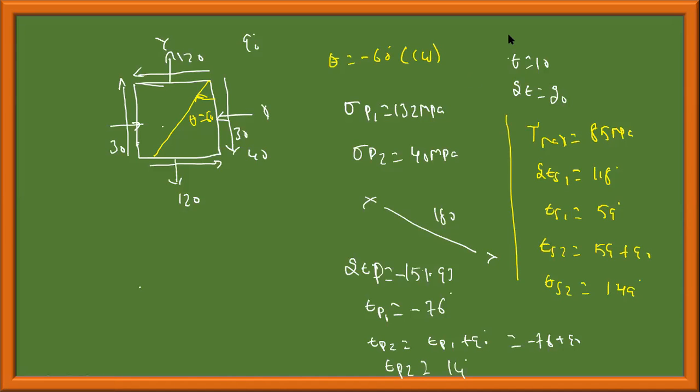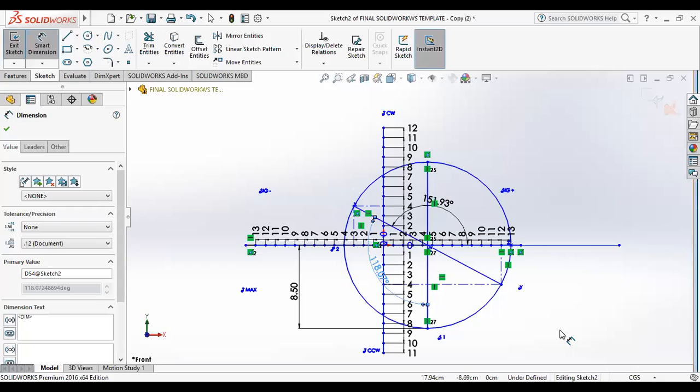Now what I will do, my point is always from the x point. From my x point, theta is given as 60 degrees.